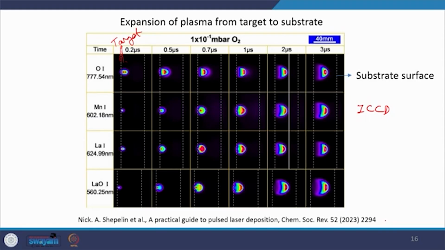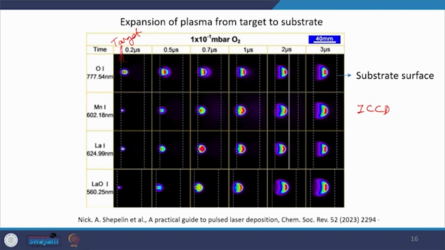Because the plasma which is ejected from the target material is very fast, it is very difficult to capture images of the plasma with an ordinary camera. So, you need a very high speed camera, which can be achieved with the ICCD.